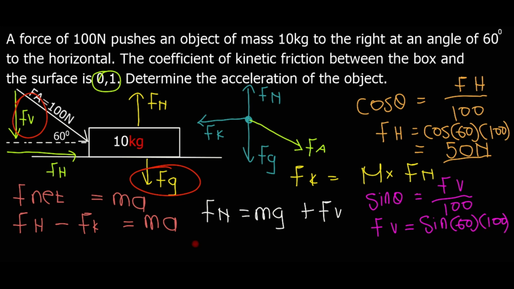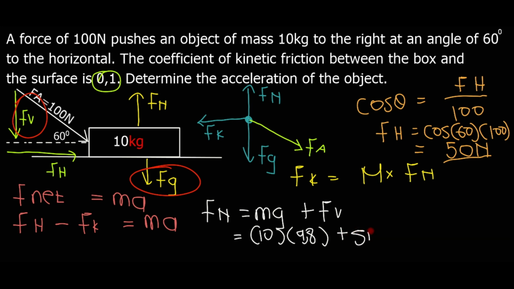So from there we substitute. We have a mass of 10 kilograms and the gravity is 9.8, plus sin 60 degrees times 100. We get 184.60 newtons. So this is the normal force.